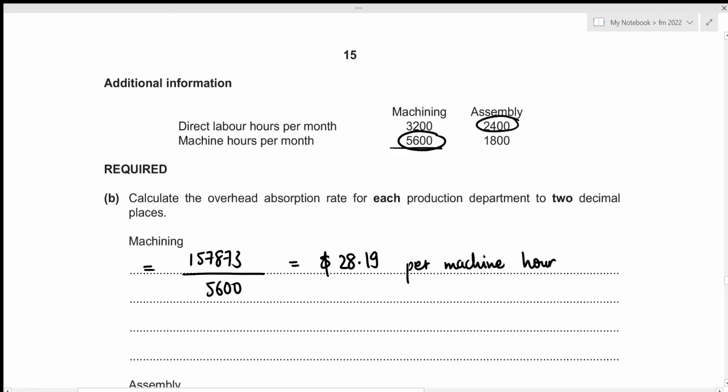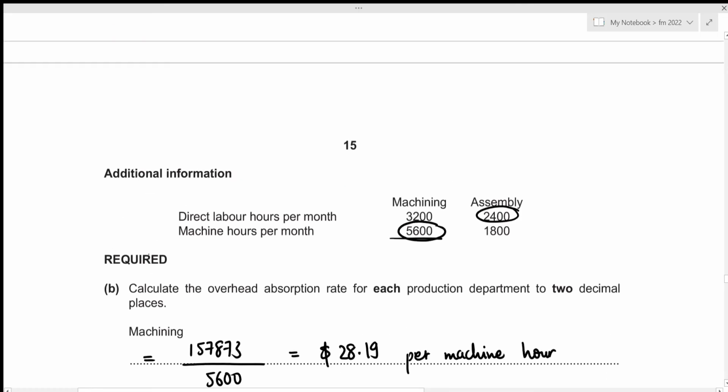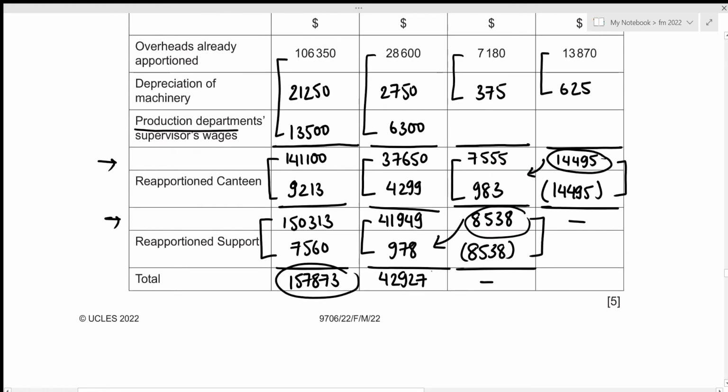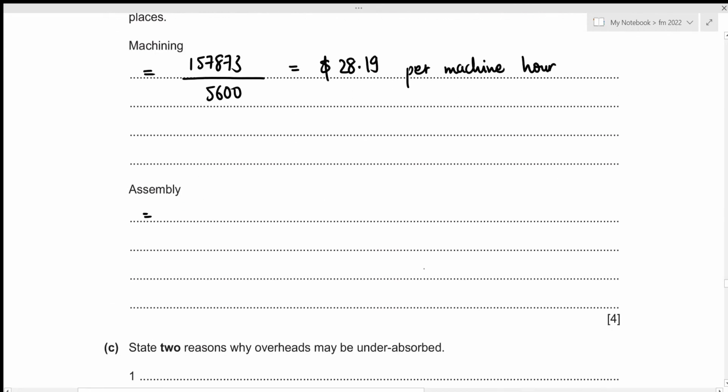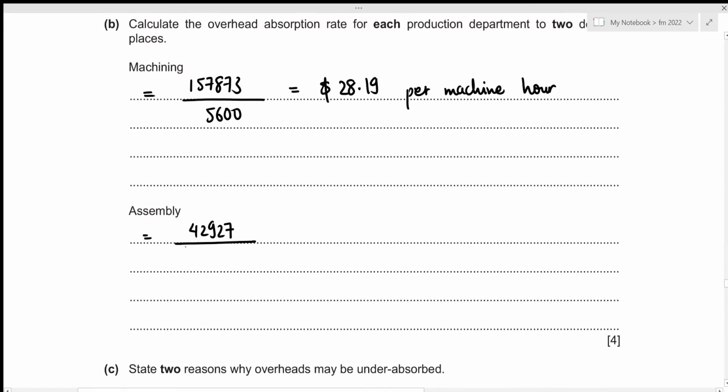Okay, now we repeat the same process for assembly department. We will be starting with the total overhead that we figured out in the above table, which is 42,927. Let's write it down. So 42,927 divided by, and we already figured out that for assembly department, we will be calculating the overhead absorption rate based on the direct labor hours per month, which is 2,400. So we divide the total overhead by this value.